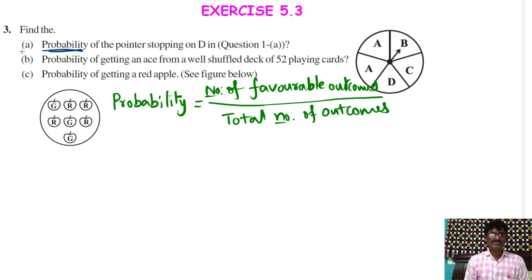So first let us see the first question. A. Probability of pointer stopping on D. Here we have a spinning wheel. How many portions are there? 1, 2, 3, 4, 5. So there are 5 portions.